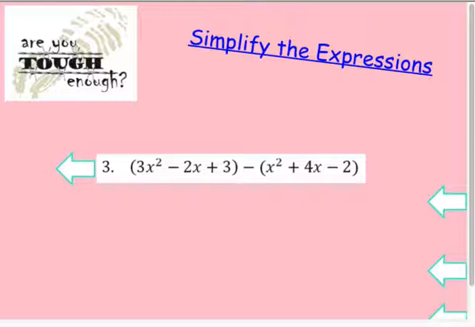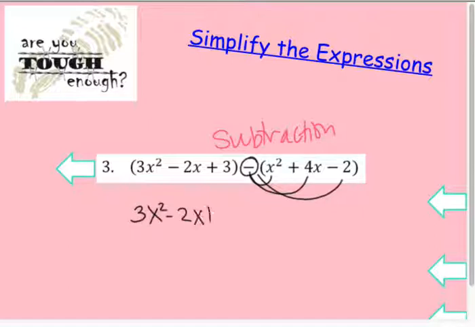Example 3, biggest thing to do is identify what you are doing, and you are doing subtraction here. So what I would recommend doing is distributing this negative. I'm rewriting this first one, minus x squared minus 4x plus 2.